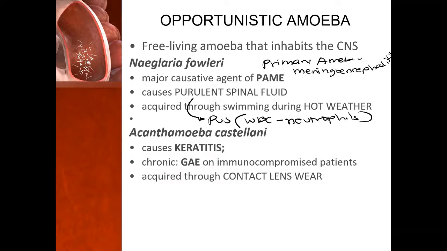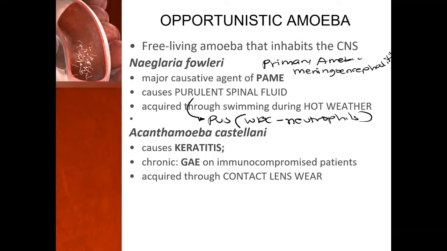Even though this is a parasite, it is unicellular in origin, so the body will detect it as a bacteria. So basically, instead of eosinophil, our immune system will respond with neutrophils. So it is the primary amoebic meningoencephalitis. It is acquired through swimming during hot weather in ponds, in those kinds of areas. The next one is the Acanthamoeba castellani, and it could cause keratitis.